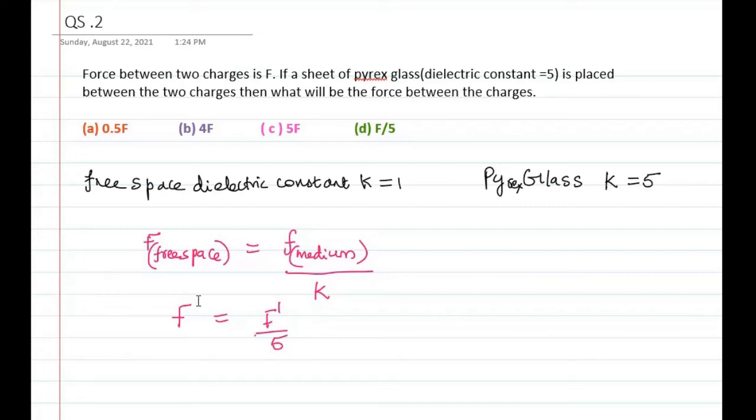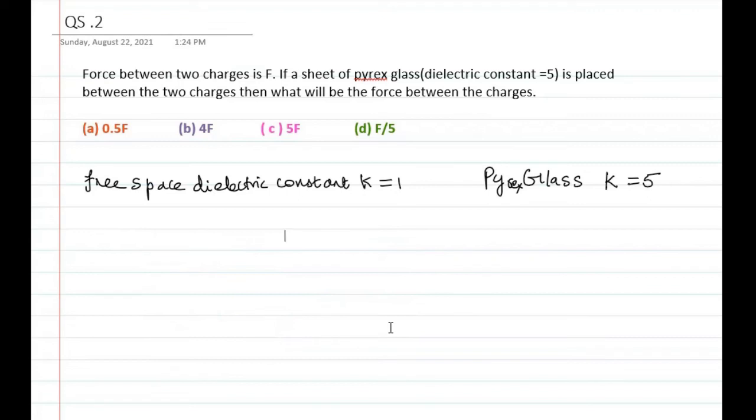One second, sorry, I have told the relationship wrongly. The force in the new medium, F dash, is equal to the force in the free space F divided by the dielectric value. This is in some other medium. So earlier it was a mistake, sorry.